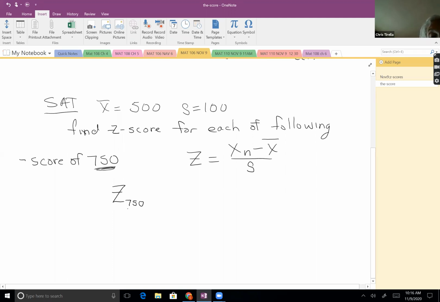And that subscript tells me the value that I'm looking for the z-score for. And so my data value is 750, my mean is 500, and my standard deviation is 100. So let's see, subtracting, that gives us 250 over 100, or 2.5.